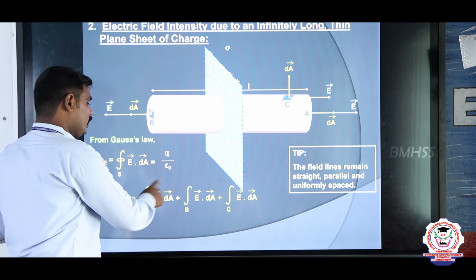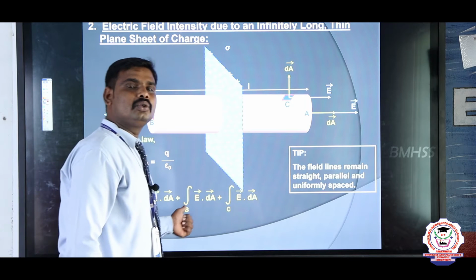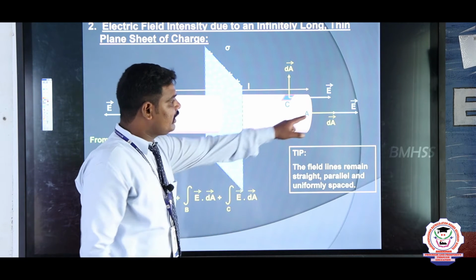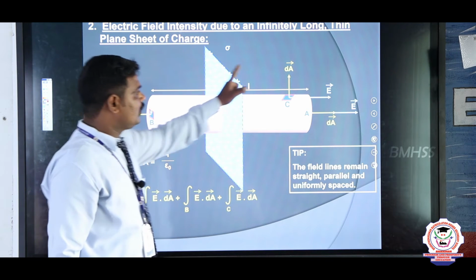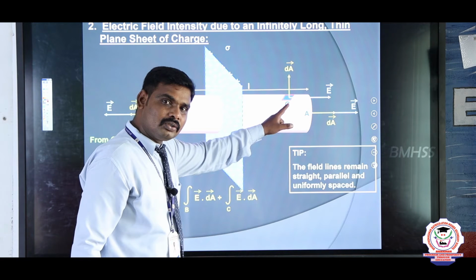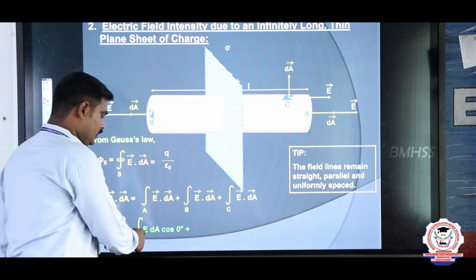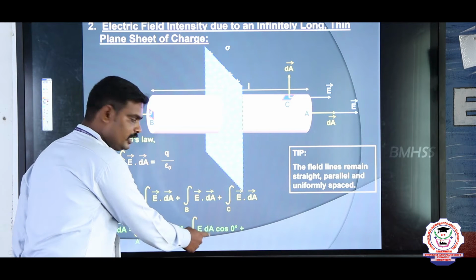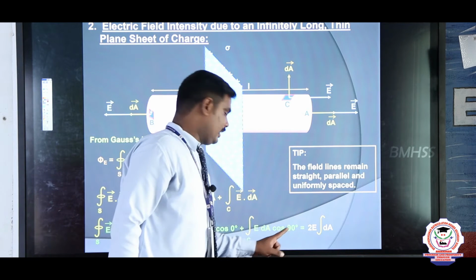What is the formula for E vector dot dA vector? We can write E into dA into cos theta. Here theta is equal to 0 degrees, here theta is equal to 0 degrees, and at point C theta is equal to 90 degrees. Very good. Now substitute: E into dA into cos 0 degrees, and here also E into dA into cos 0 degrees, and the last one E into dA into cos 90 degrees.